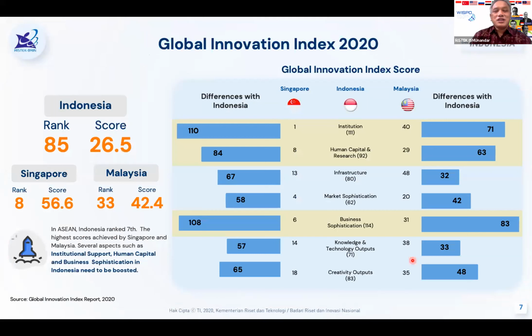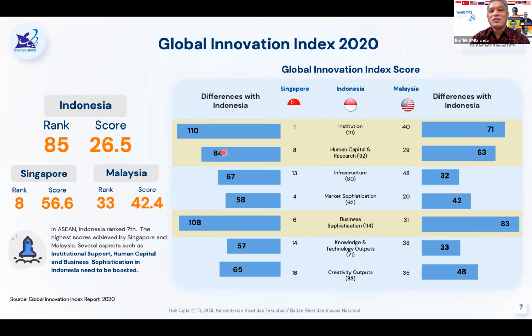This is the challenge that we face in Indonesia. At the moment, our innovation index score is rank 85. If we look at several criteria, in terms of institution, human capital, and research capacity, our score is 92, while Singapore, our neighbor, is 8.